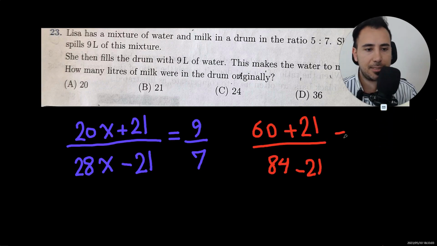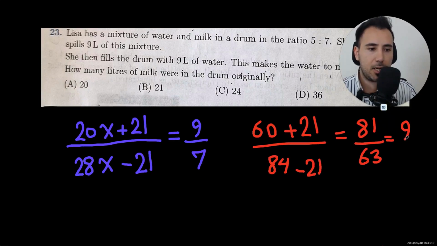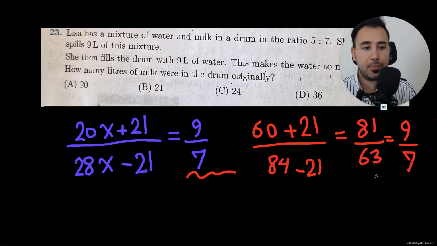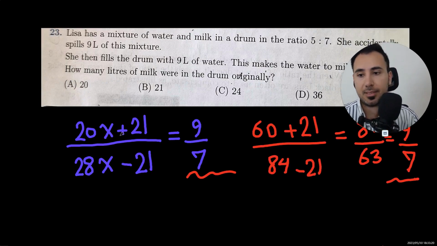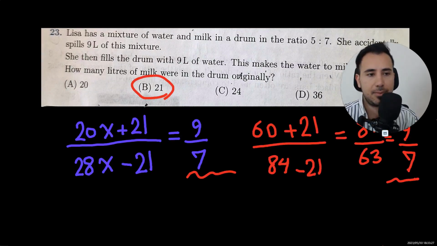So this is 81 over 63. Simplifying both of them by 9, we're going to get 9 over 7, which is this one. So guess what? Our guess was right. So the value of x is 3. If you solve it, you get 3. We did it like this so that we saved some time.